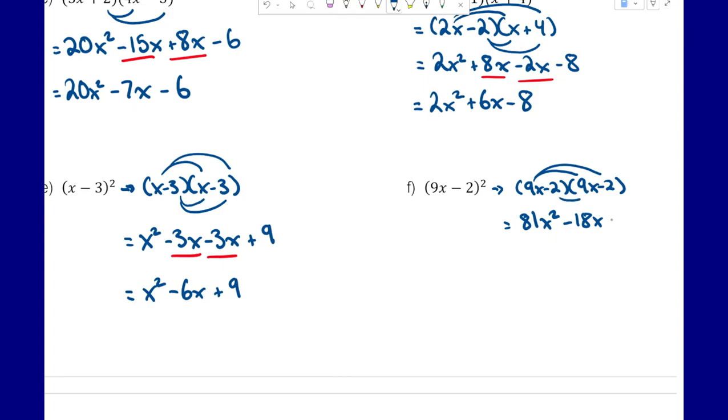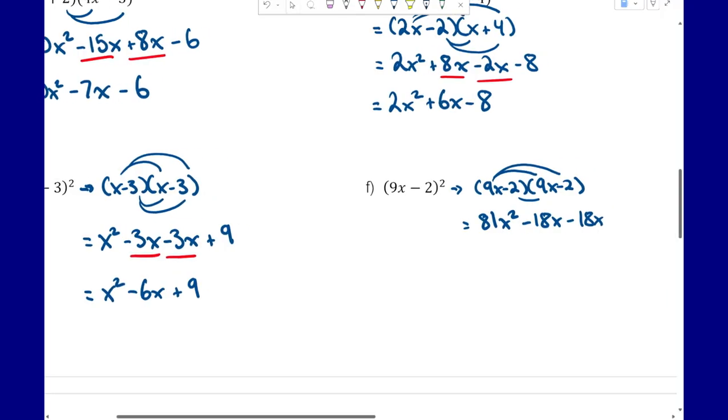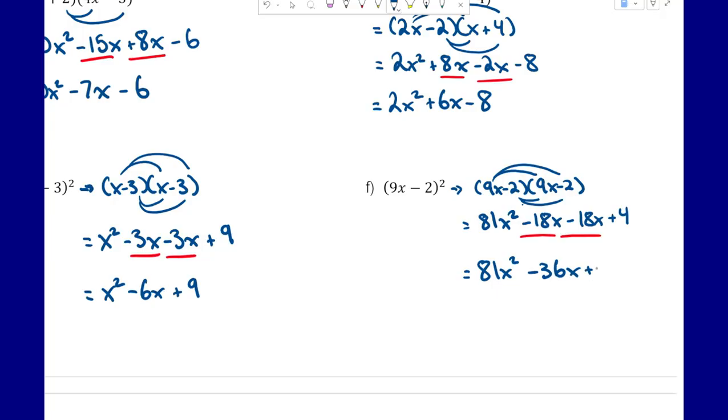Negative 2 times 9x is negative 18x. And negative 2 times negative 2 is positive 4. Again, my two like terms are going to be the ones in the middle. 81x squared minus 36x plus 4. And that is my expanded and simplified form.